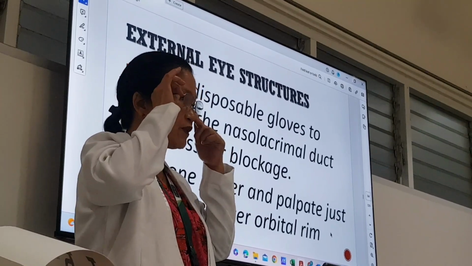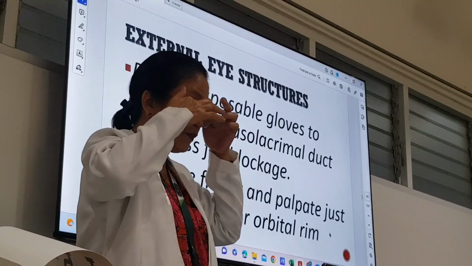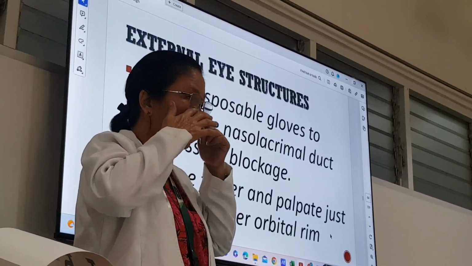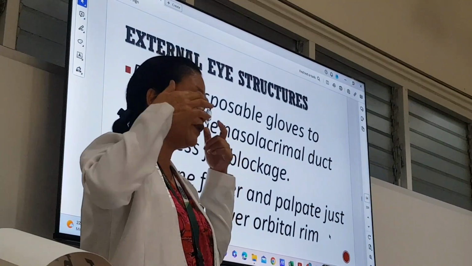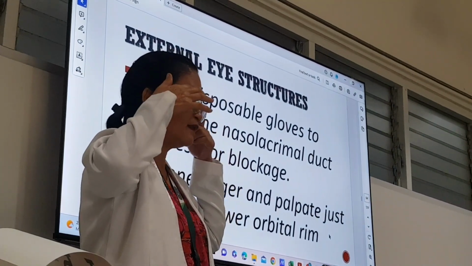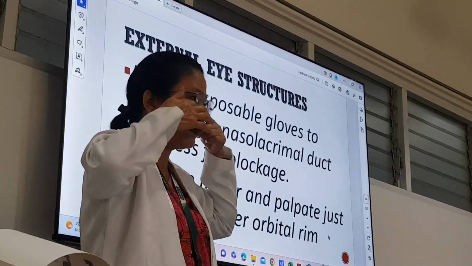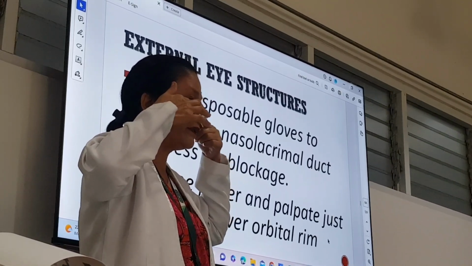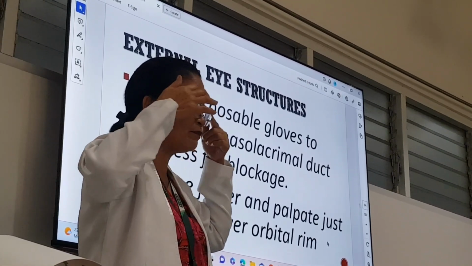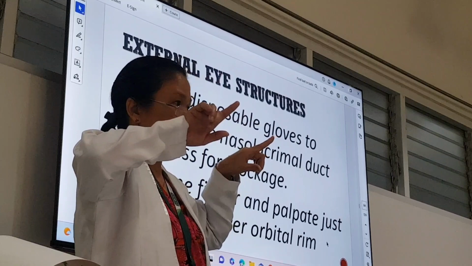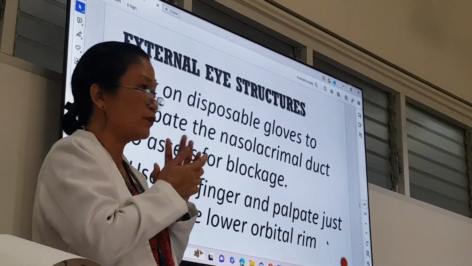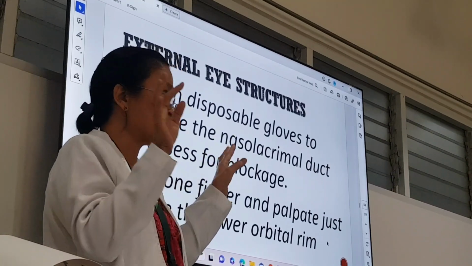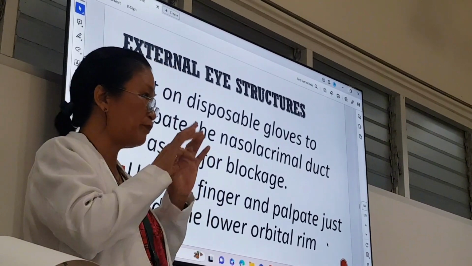Kasi pag dalawa na yung ginamit mo, it means mali. Huwag mo masyadong i-pressure yung kanyang eyes. Gently palpate lang. Kasi pag there is any lesions or swelling, you can feel it. Okay? And even the client will say, mas masakit po yung part.